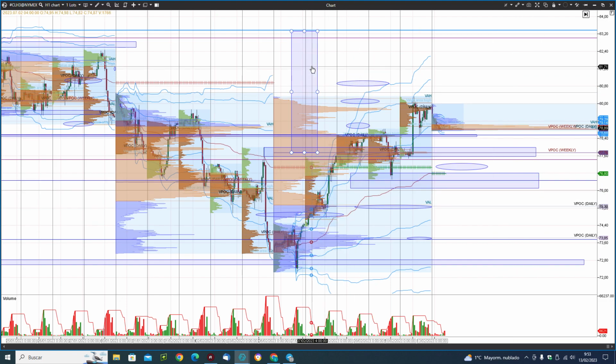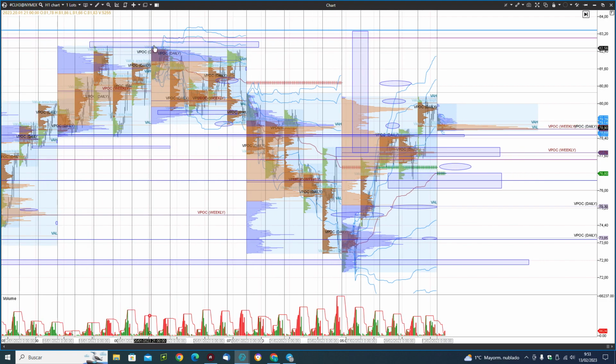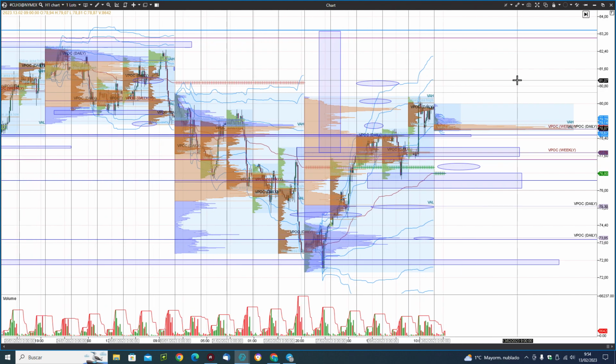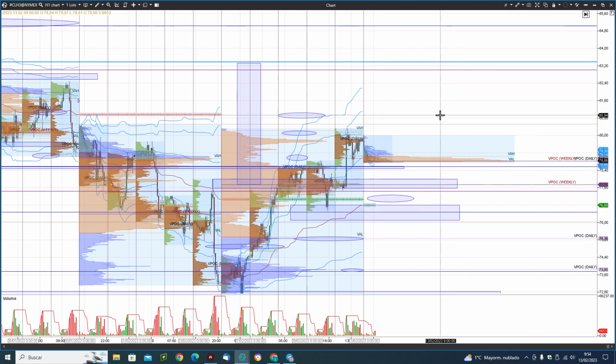And talking about auction theory, we could look for the symmetry of this zone and go to these targets, this price action zone with these maximums about 82.58 approx.